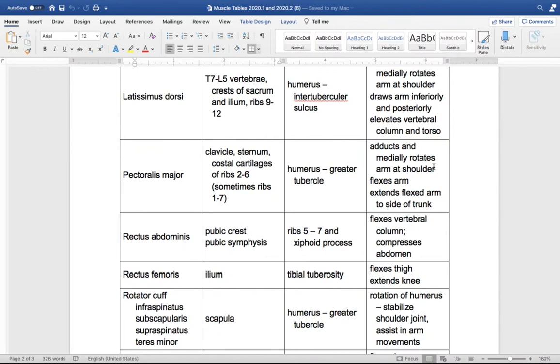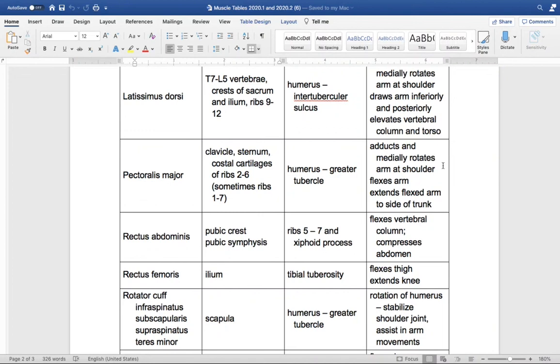Despite the importance of the origins, I really tend to stress the insertions because the insertions tend to be a bit more specific and you can get a little bit more information from them. As the pectoralis major is a fairly large muscle that has lots of muscle fibers that are arranged in different positions, the pectoralis major is going to have lots of actions. The pectoralis major will also facilitate flexion of the arm.